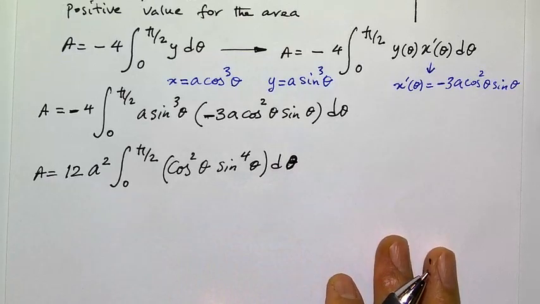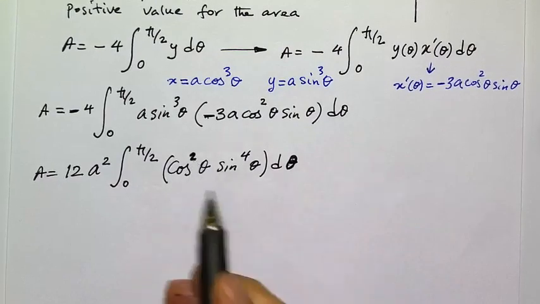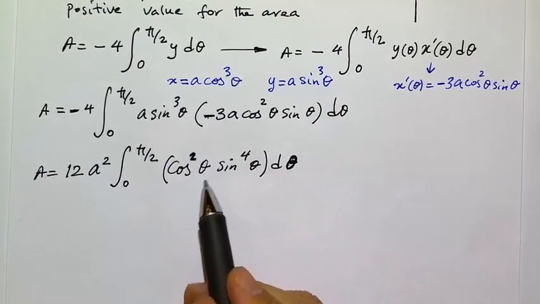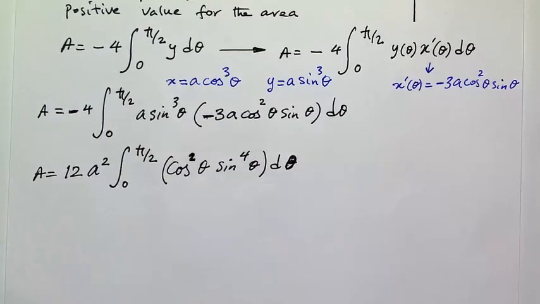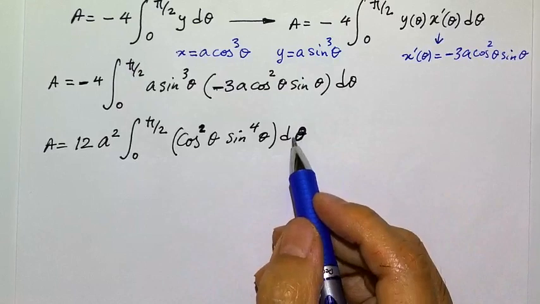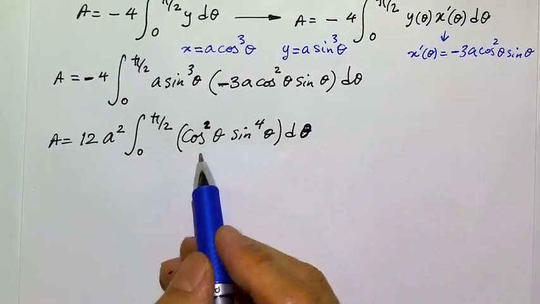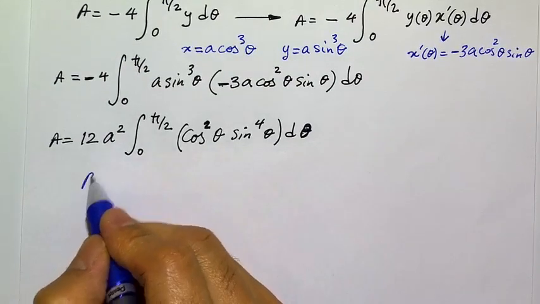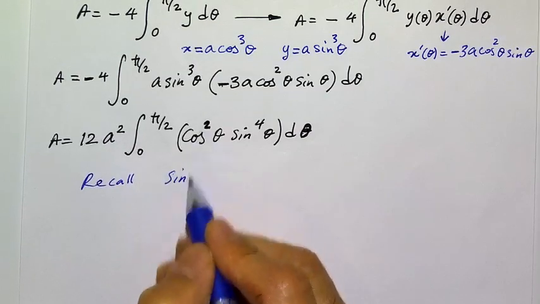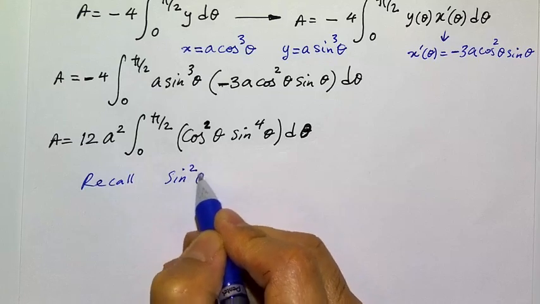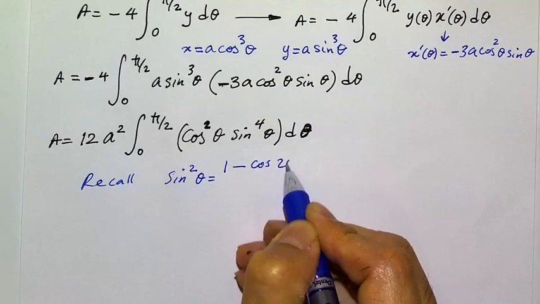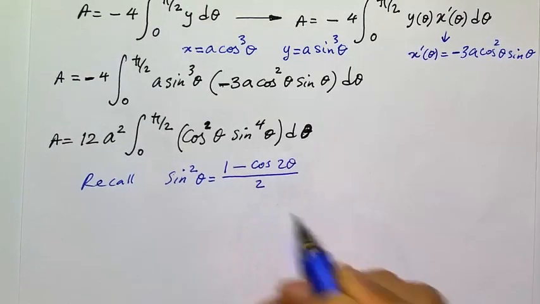Now, if we keep these, integrating them is going to be complicated. But let's recall, we have to make some kind of adjustment here or use some of the identities we know to simplify this. So recall that sine squared theta is equal to 1 minus cosine 2 theta over 2.